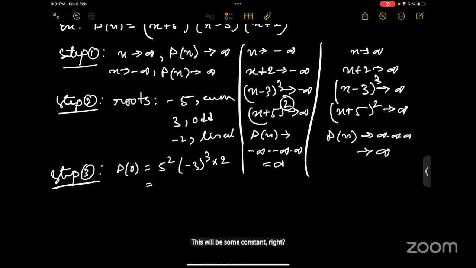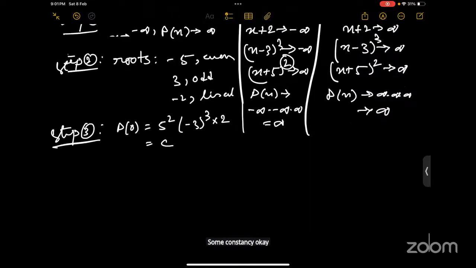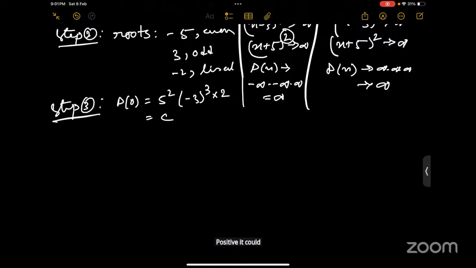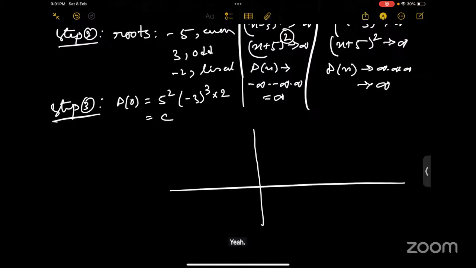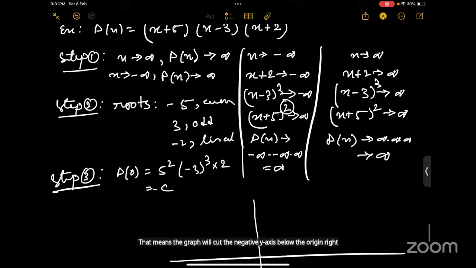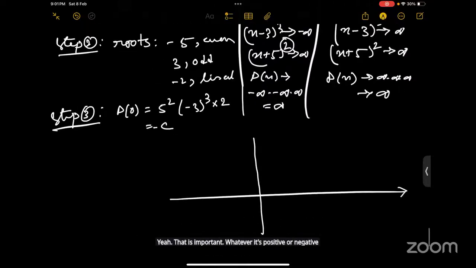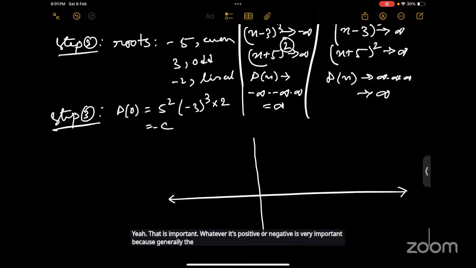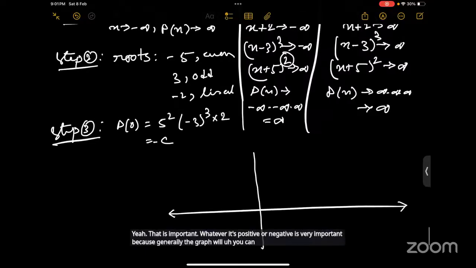Some constant c, and it will be a negative constant. That means the graph will cut the negative y-axis below the origin, right? Whether it is positive or negative is very important, because only then can we draw the graph properly.